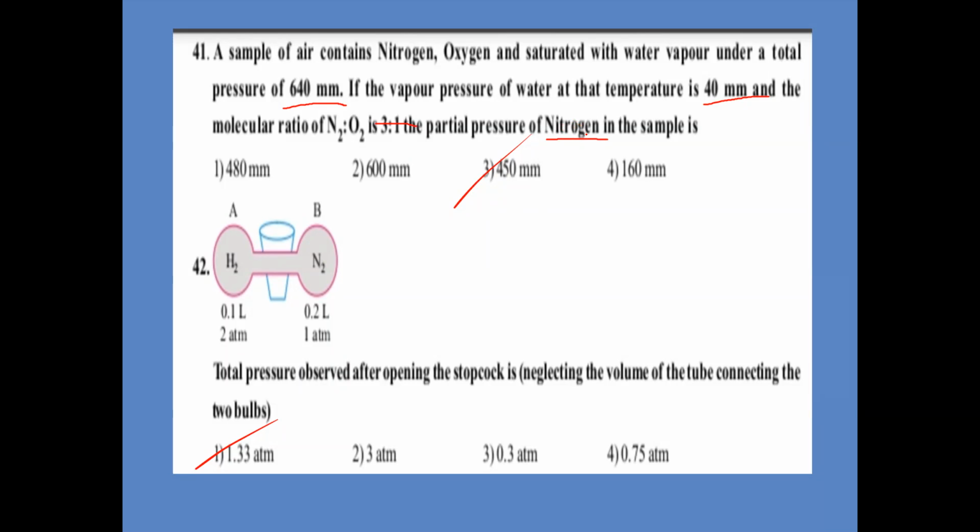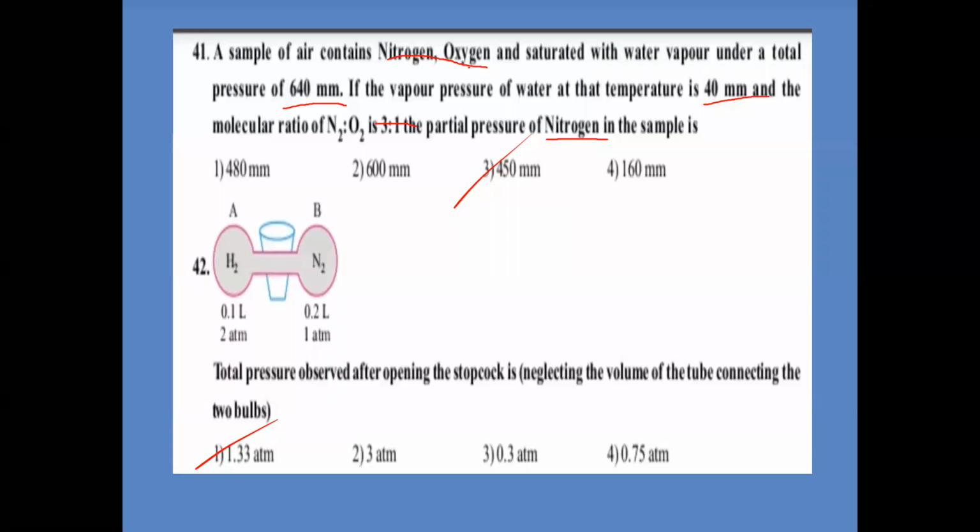That is the formula for nitrogen partial pressure. First of all, we have to understand that this total mixture initially contains nitrogen, oxygen plus water vapor. Nitrogen plus oxygen together is dry gas, plus some water vapor, moisture. So there is dry gas pressure plus water vapor pressure.